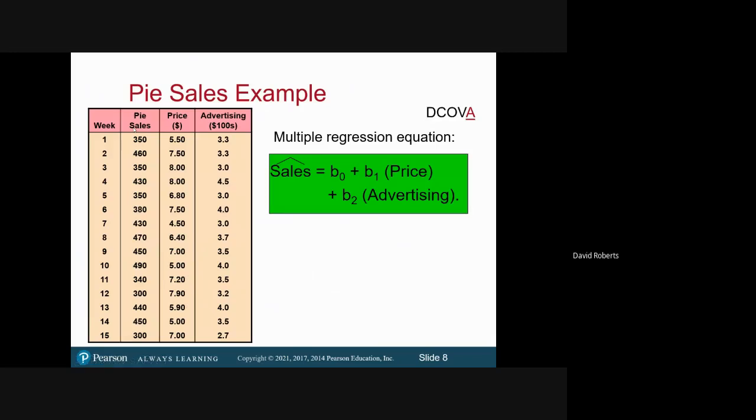There's the y variable. So now we have the y-intercept B0. What effect does price have on sales? We expect that to be a negative slope. But then the more we spend on advertising, we would expect to sell more pies. Anybody in marketing would know that.